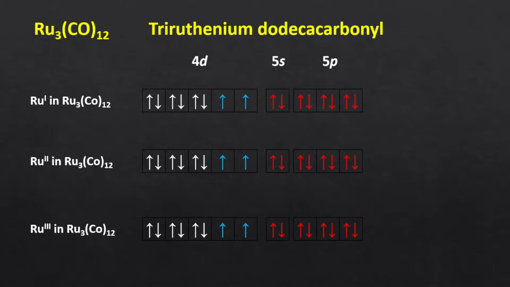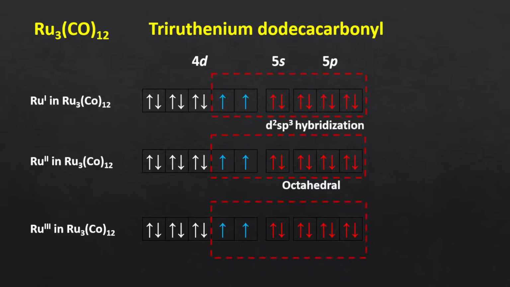The 4s orbital, 4p orbitals and the 2d orbitals with an odd electron are hybridized to produce d2sp3 hybrid orbital. 2 d2sp3 hybrid orbitals with an odd electron get paired with ruthenium-ruthenium bond formation.